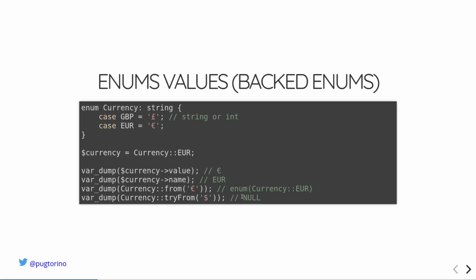This can be very helpful if you need to check whether you can create an enum value starting from a string. Of course, if the string is present as a value in the list of cases, it will get the specific element. But if it's not, it will return null.